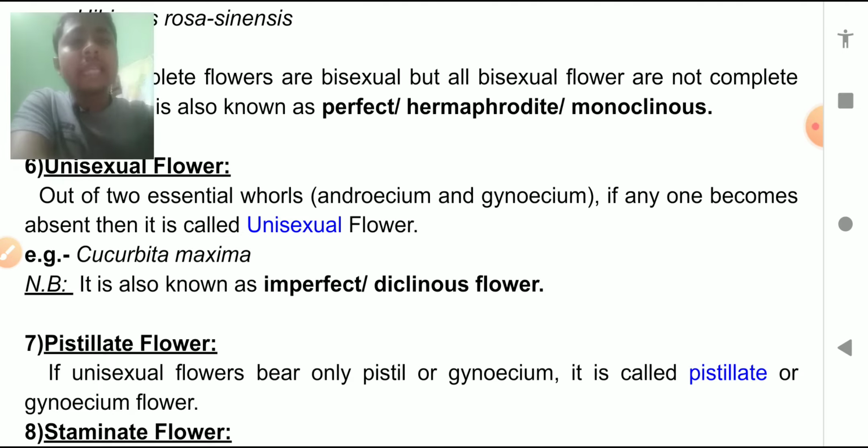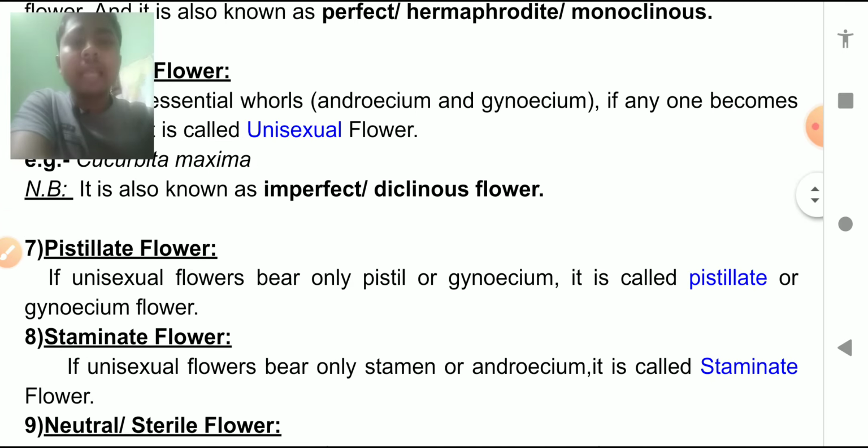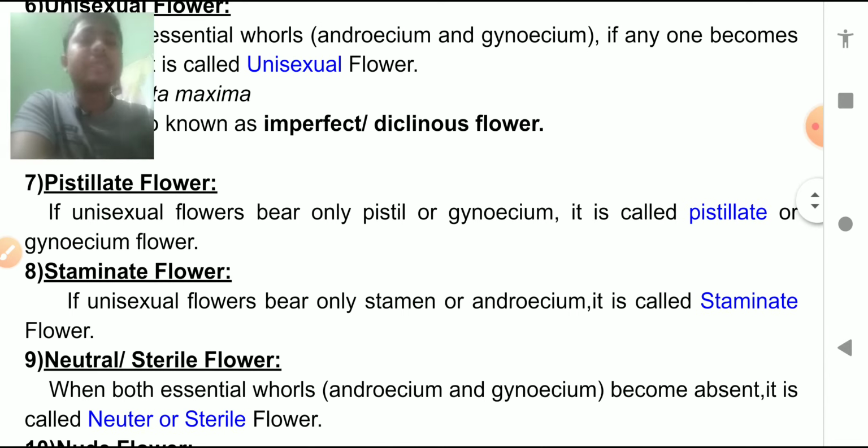Next we talk about pistillate flower and staminate flower. What is a pistillate flower and what is a staminate flower? First of all, pistillate flower: we know a unisexual flower bears one essential whorl.